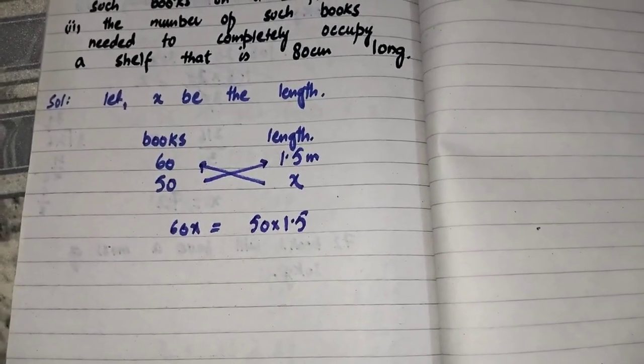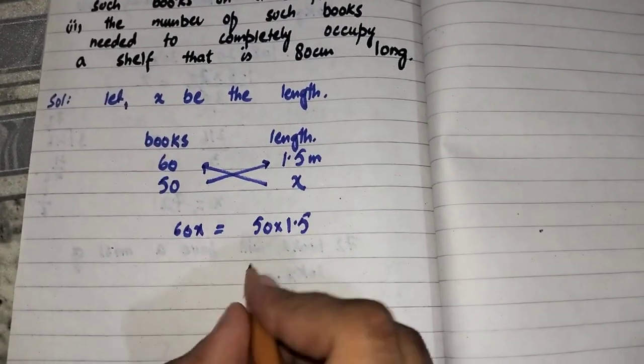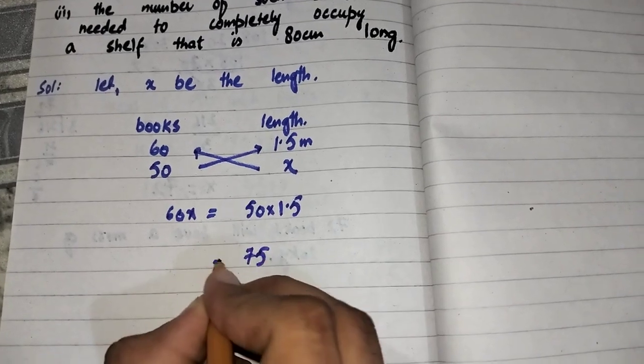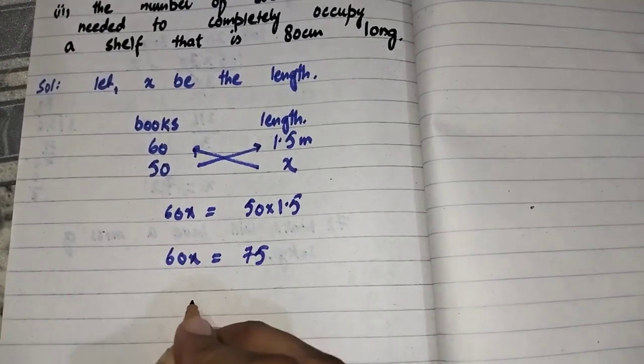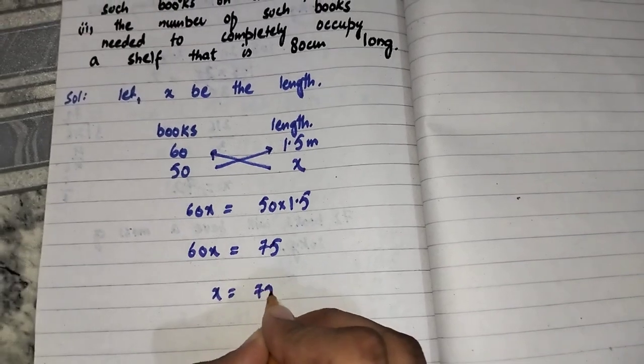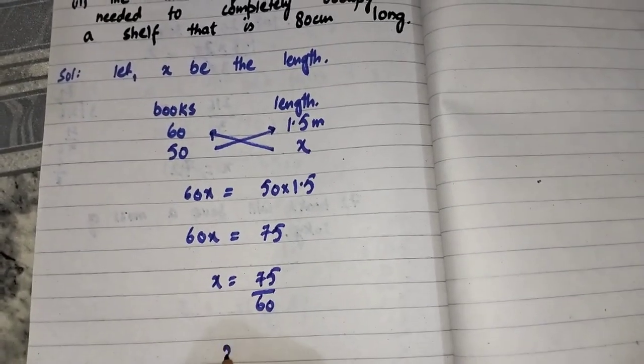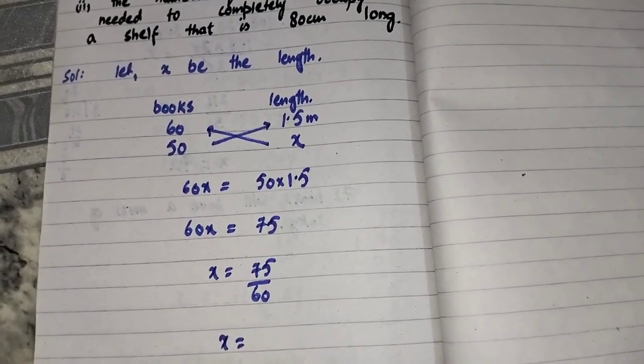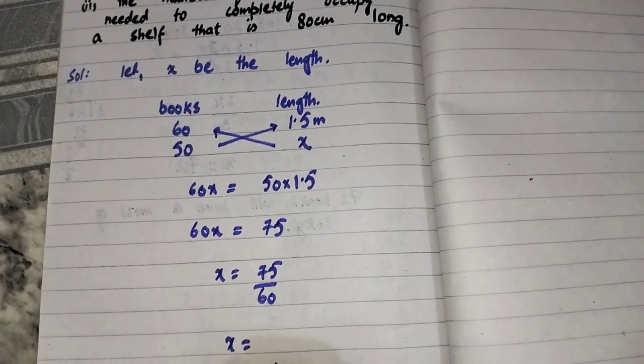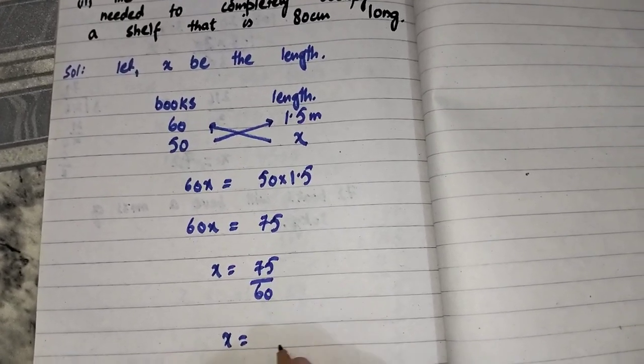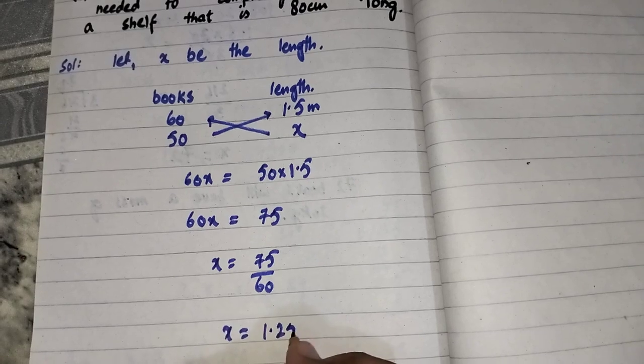So 50 multiplied by 1.5, it will be 75, and 60x, and x will be 75 upon 60. The value of x will be 75 divided by 60. It will be 1.25 meter.